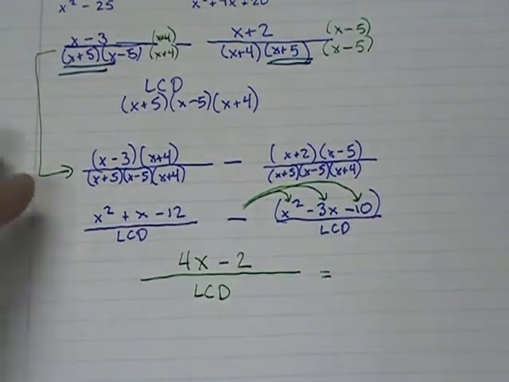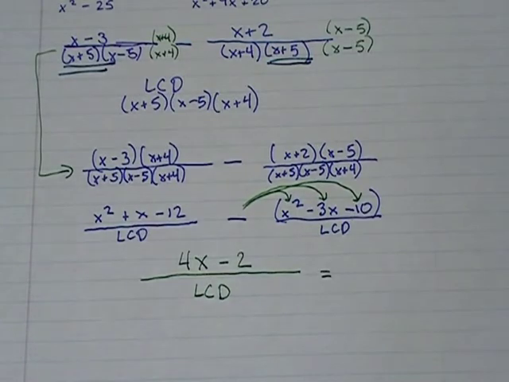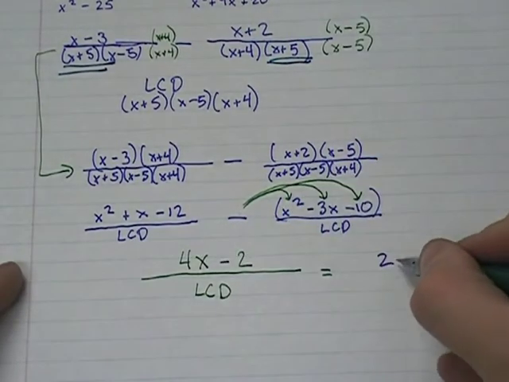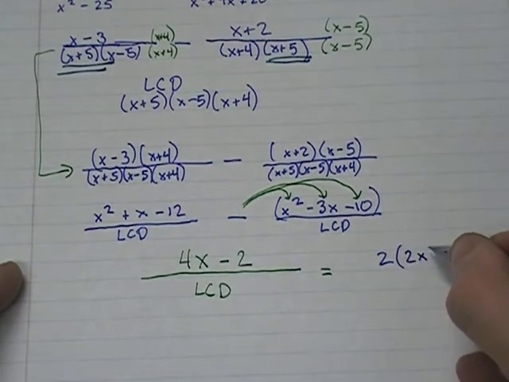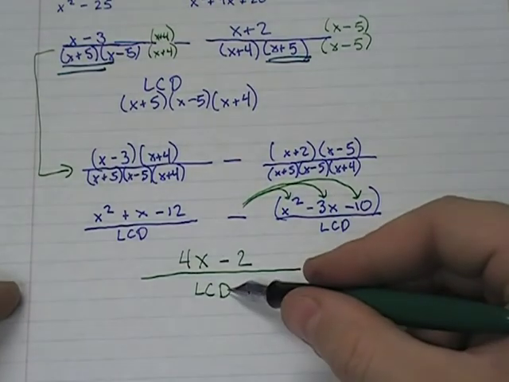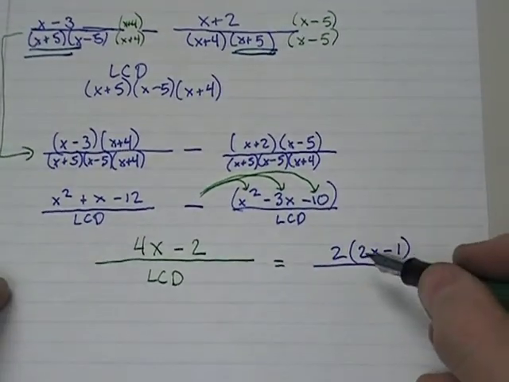And you're almost ready to write your answer, you just need to do one last thing. And that one last thing is to simplify the numerator if at all possible. And when I look at the numerator, I immediately see that I can factor out a 2. So I'm going to factor out that 2, and I'm left with 2(2x - 1) over the LCD. Now, what is my LCD? I need to write that out in my final answer.